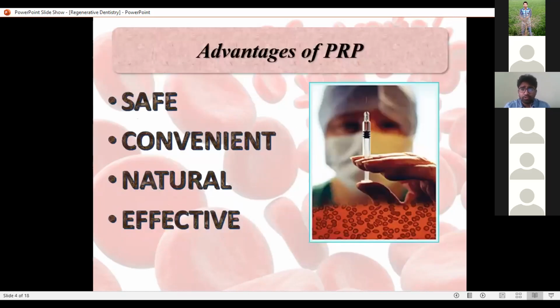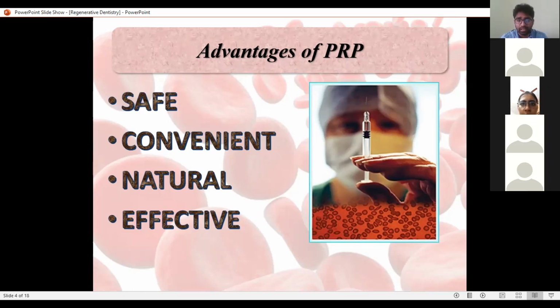So why do we choose PRP therapy as a treatment option? Because it is a very safe method and a very convenient method. It is a natural method and it is very effective in terms of treatment.